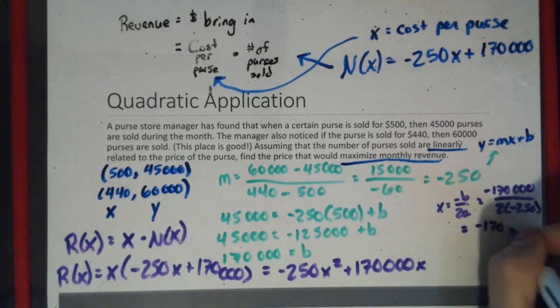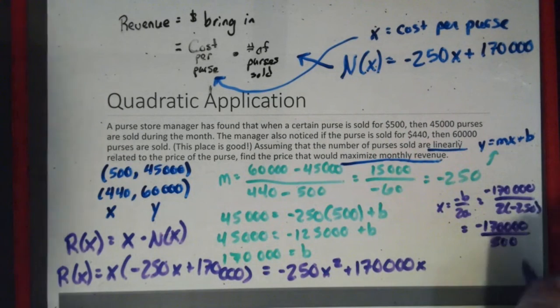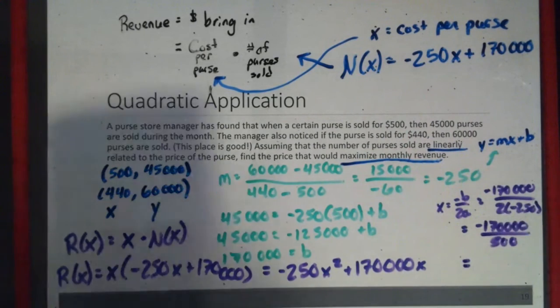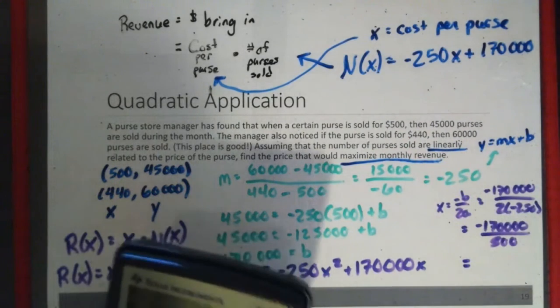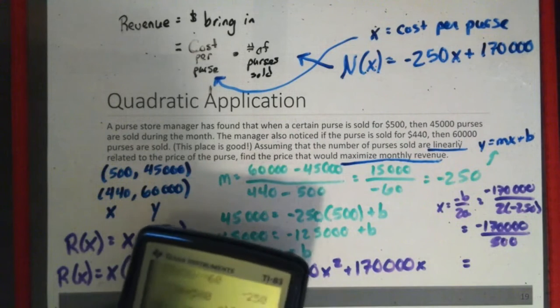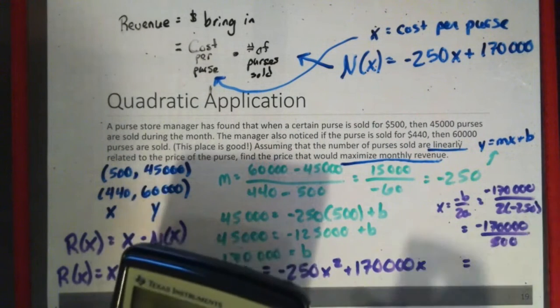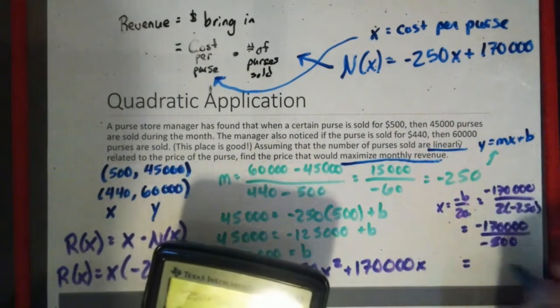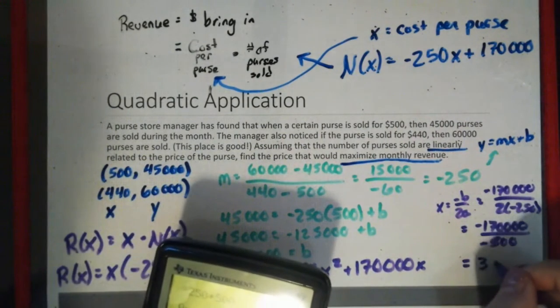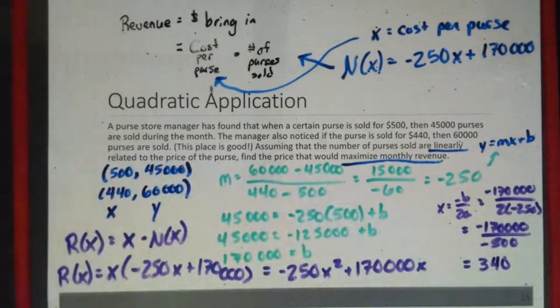So negative 170,000 over 500 is equal to negative 170,000 divided by 500. Oops, I missed my negative there this time. Is equal to a positive 340.